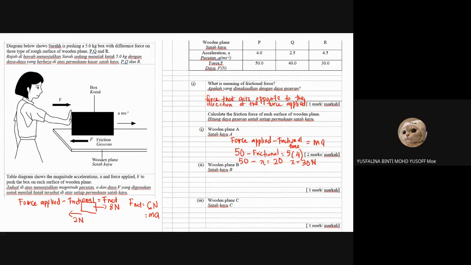Teacher, B and C is actually Q and R. Maybe I change here to A, B, C. So this one should be B, this one should be C.